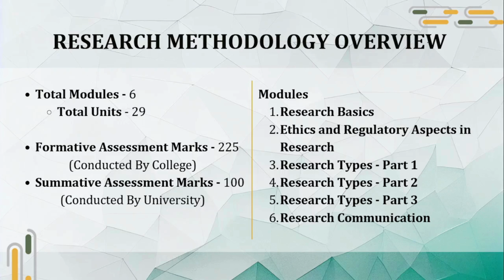The modules in research methodology are research basics, ethics and regulatory aspects in research, research types part 1, part 2, part 3, and research communication. In detail, we are going to see this, but just for the overview, we are dealing with these names.